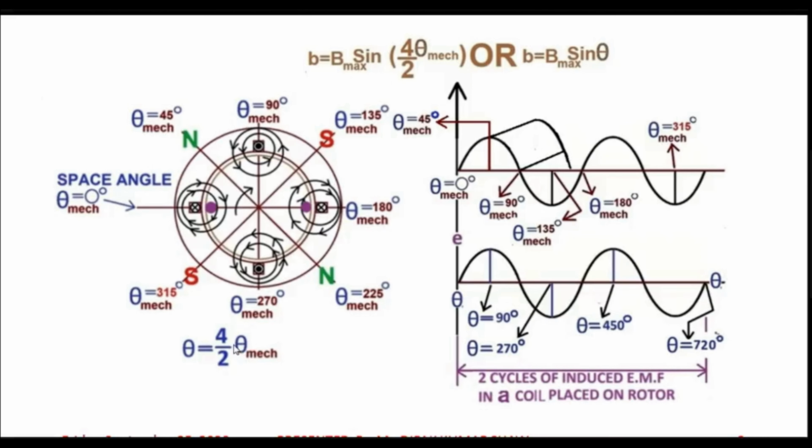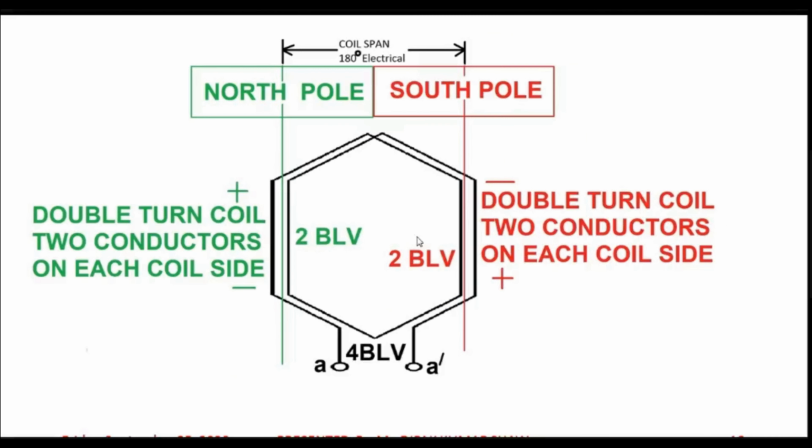Had it been a p pole machine, then it would have been p by 2 theta mechanical. So a full pitch coil is that coil which has its coil sides at the center of the north pole and at the center of the south pole. That is the meaning of one full pitch coil.